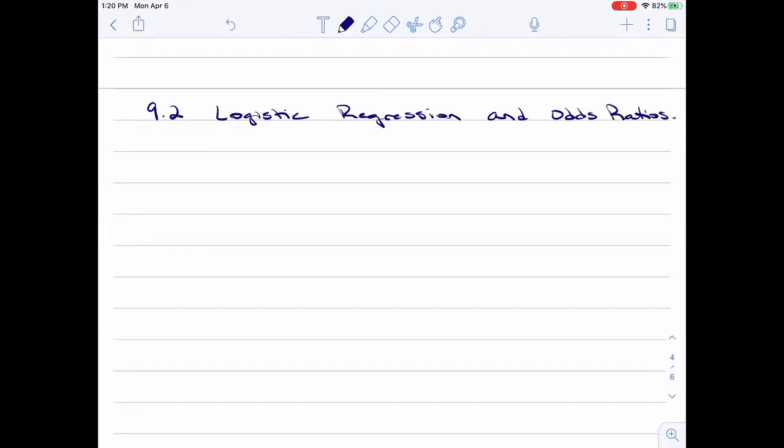And I'll just put this on a new page here. 9.2, the actual logistic regression and odds ratios.